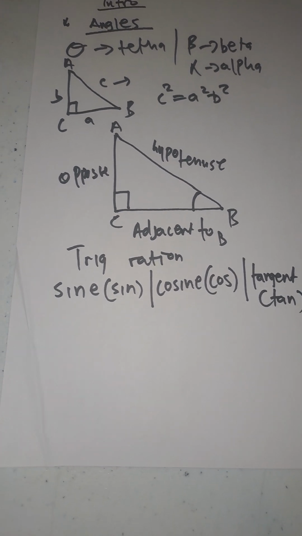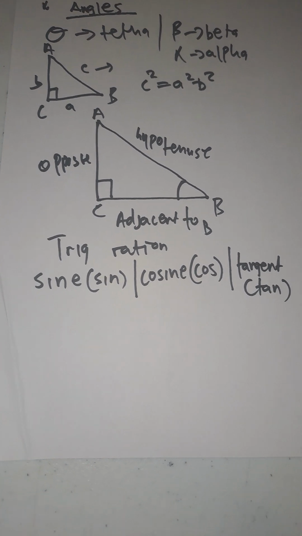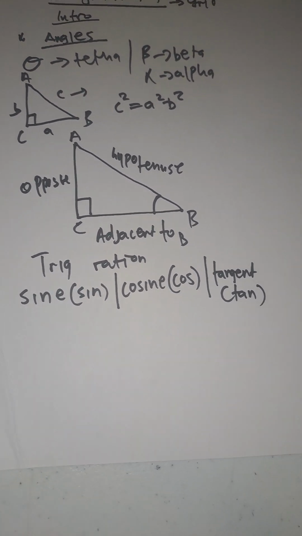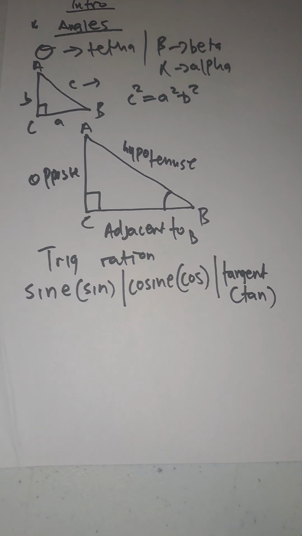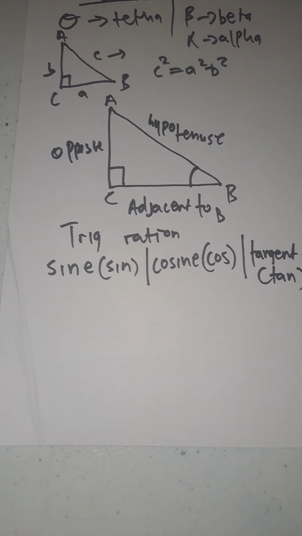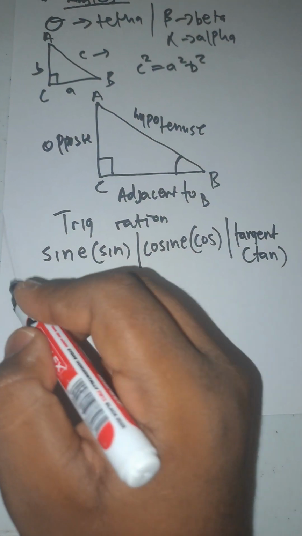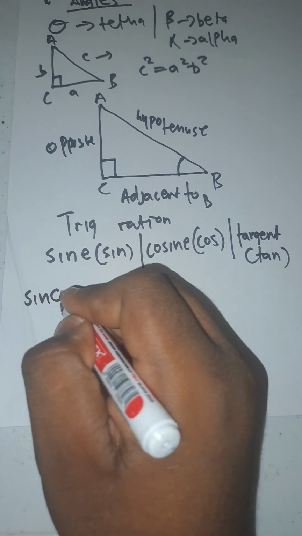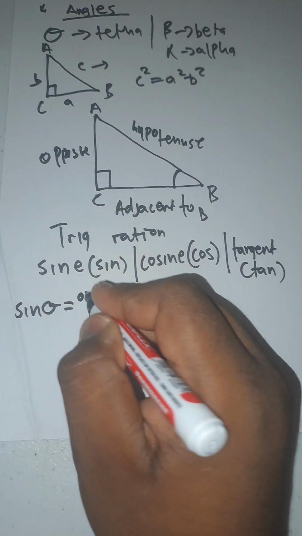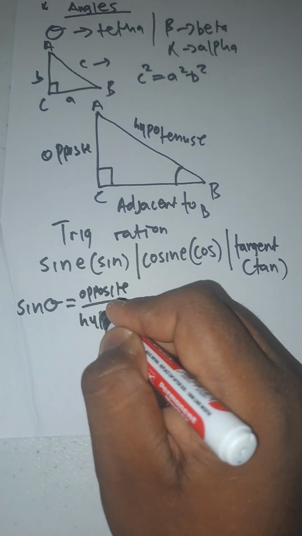Now let me summarize everything, because in maths, if you try to know all the theory behind it, you might end up being confused. That's why I'm simply going to summarize everything for you. Sine is usually written as sin theta. Sin theta is equal to opposite over hypotenuse.